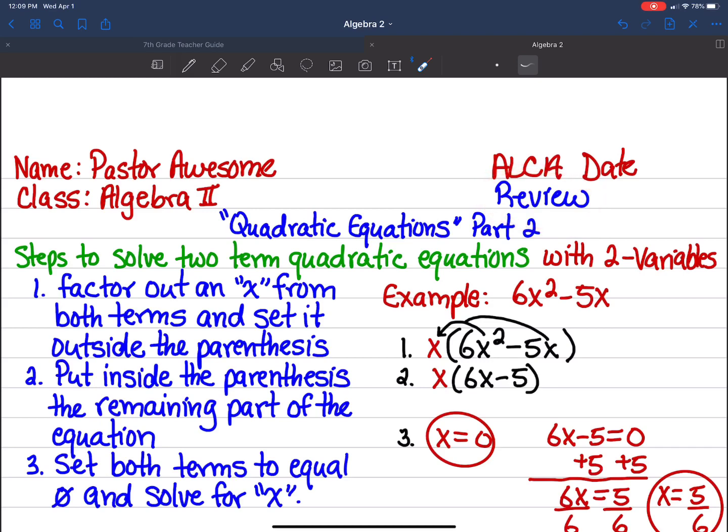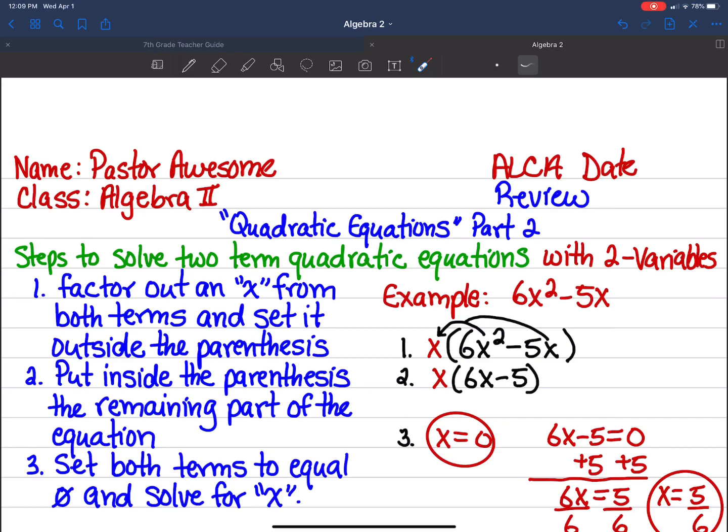Of all the quadratic equations that we will be doing, this is probably the easiest one. Step number one, we need to factor out an x from both terms and set it outside the parentheses. This is the expression we're going to be working on right now: 6x squared minus 5x.